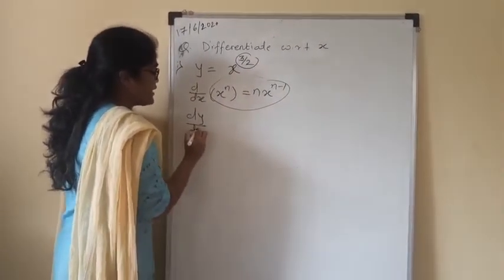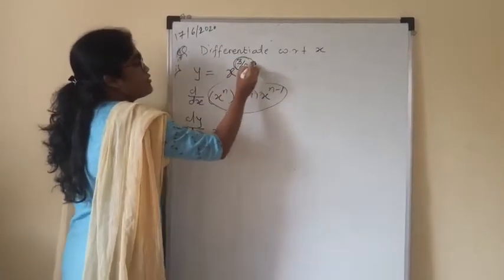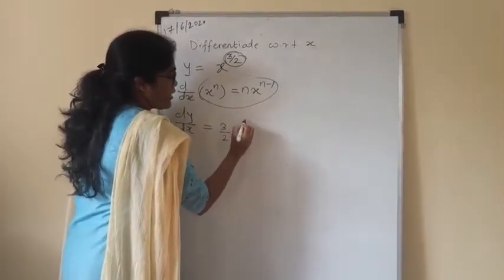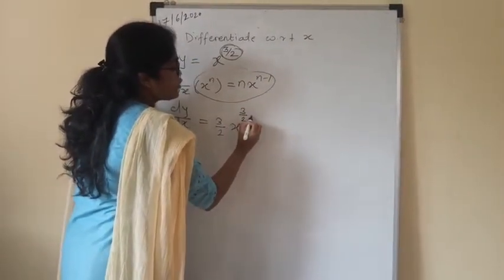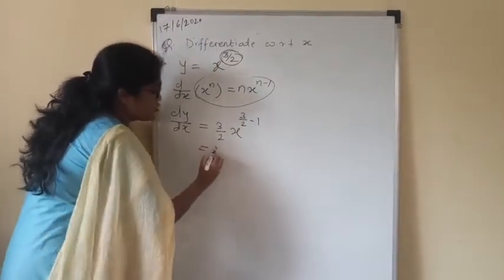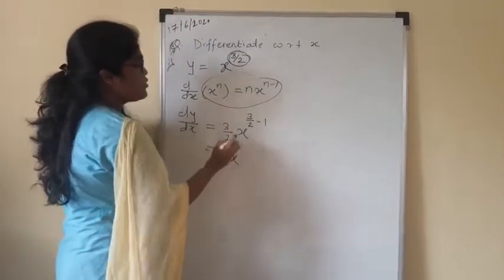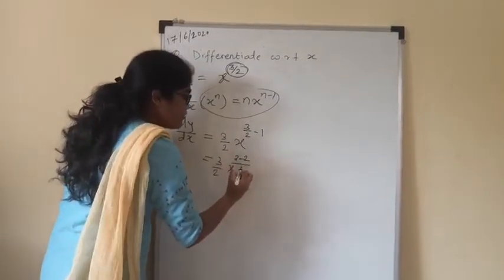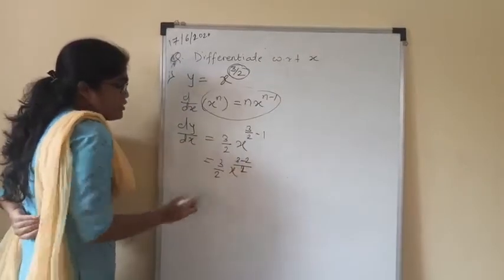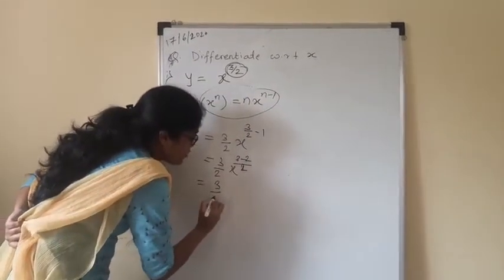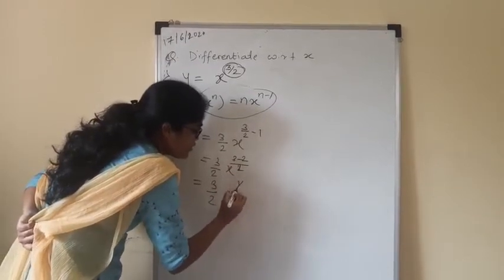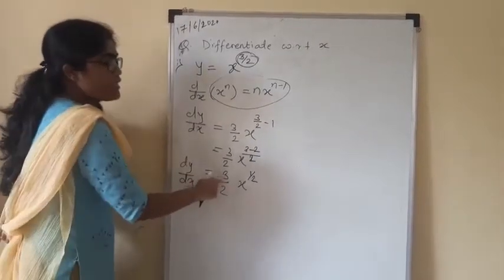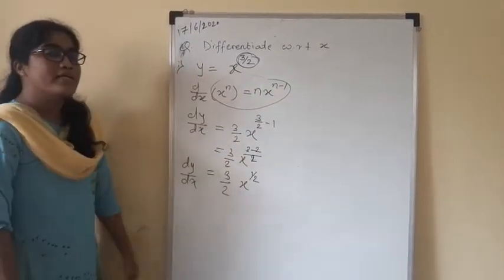So dy by dx is equal to 3 upon 2 x raised to 3 upon 2 minus 1. After taking LCM, which is 2, 3 upon 2 x raised to 3 minus 2 upon 2. So our answer is dy by dx is equal to 3 upon 2 x raised to 1 by 2.